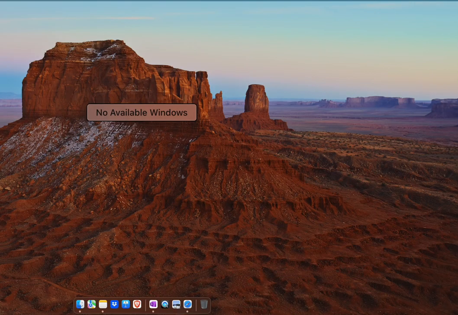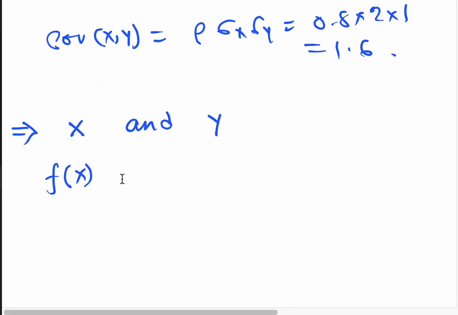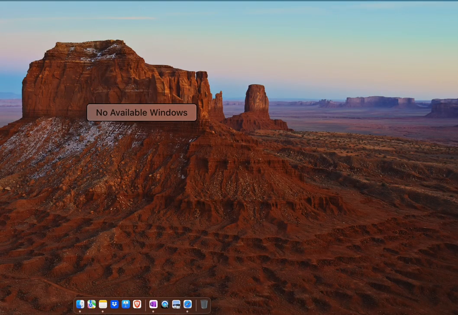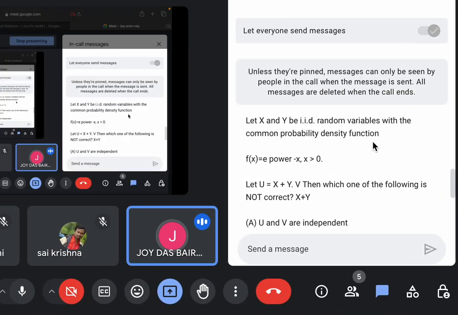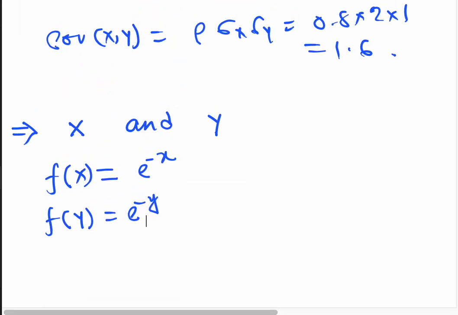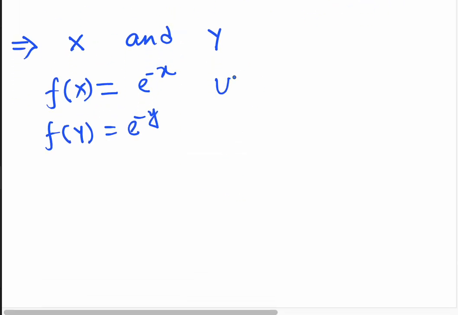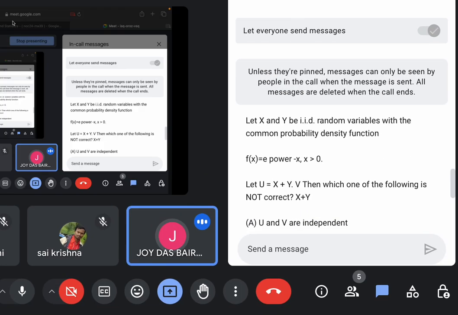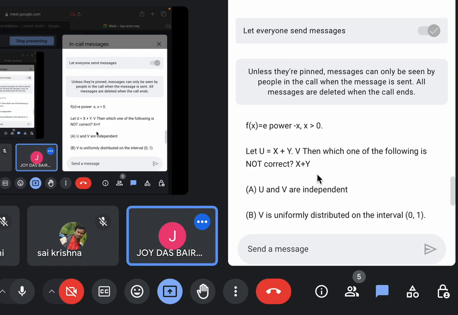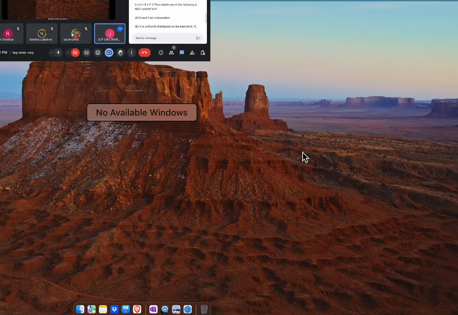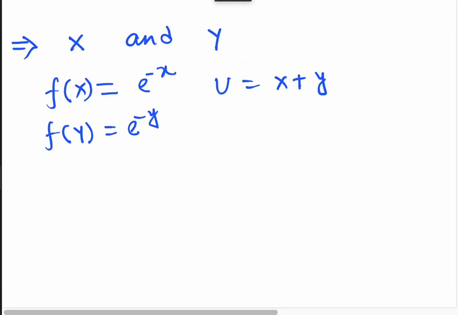It's the probability density function. f(x) is e to the power minus x, and f(y) is also e to the power minus y, a common probability density. Let u be equal to x plus y.